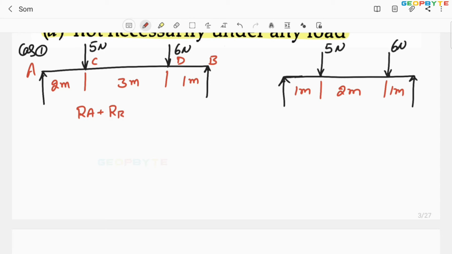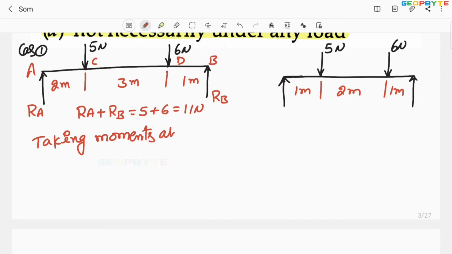For case 1, RA plus RB equals the sum of the loads, which equals 5 plus 6, equal to 11 newtons. To know RA and RB separately, let us take the moments about B. You can also take about A. So we are taking moments about B, meaning this is the reference point.